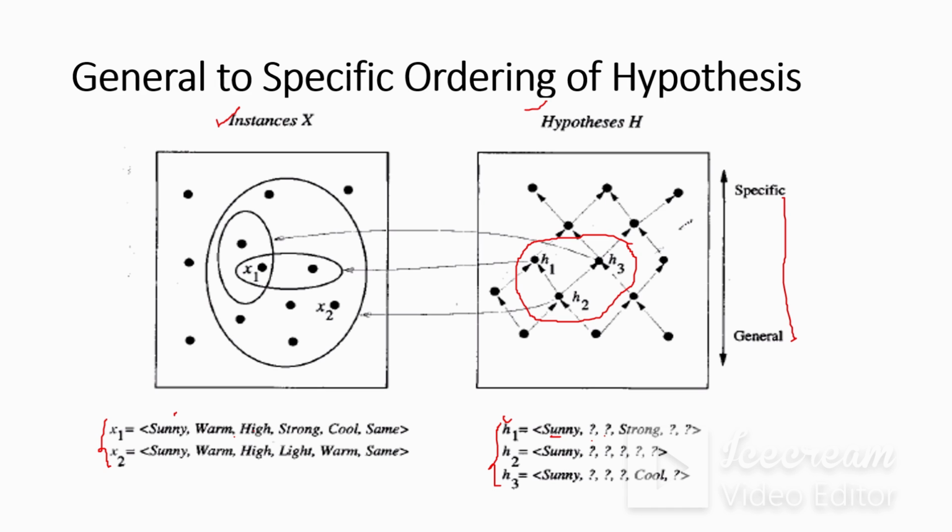Strong can be kept in the strong value, and the other two, cool and same, can be kept in the question marks. So x1 satisfies h1, but x2 does not satisfy h1 because the fourth attribute value in x2 is light, whereas in h1 the fourth attribute value is strong.